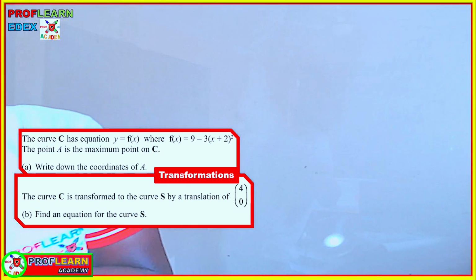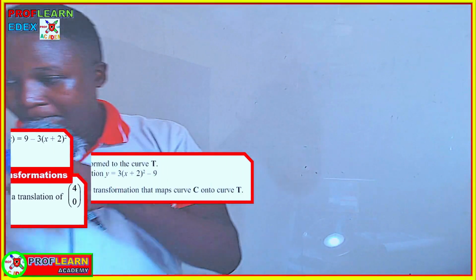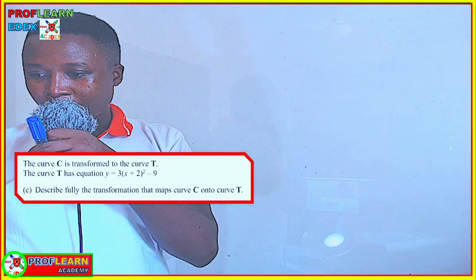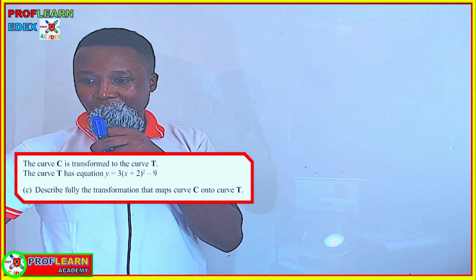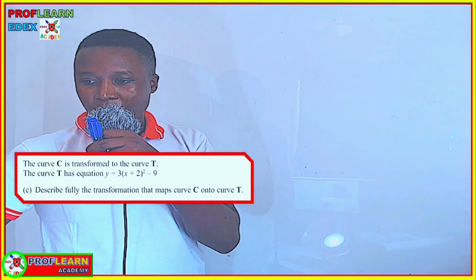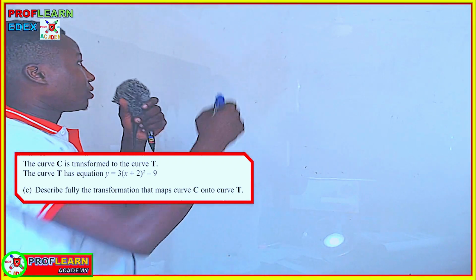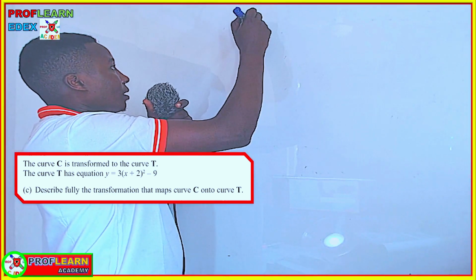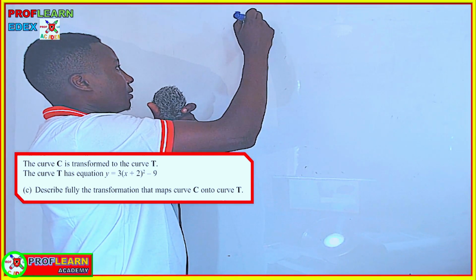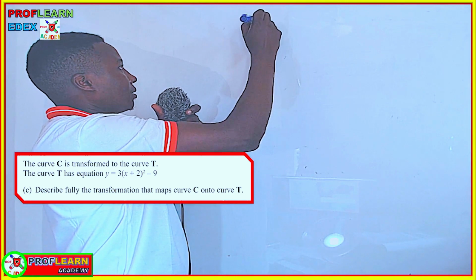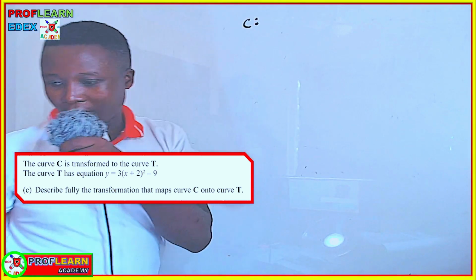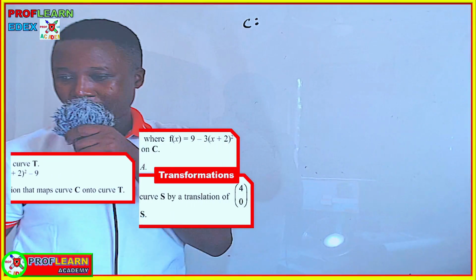All right, so now moving to the next question here. The curve C is transformed to the curve T. The curve T has the equation y equals to. So first we need to write what C was. Let's see.